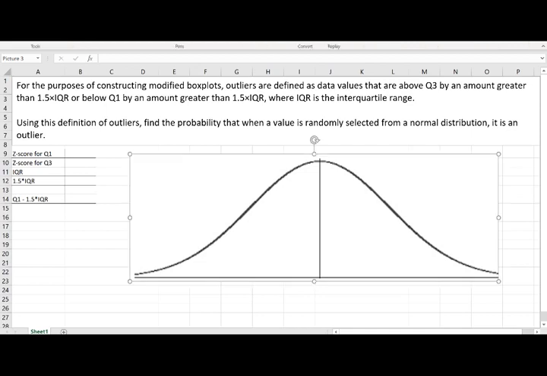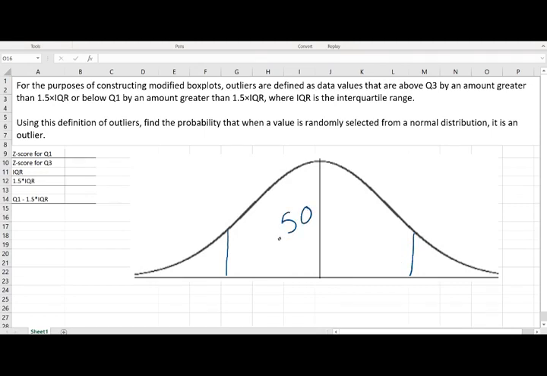So if we're talking about a normal distribution, and we know how to work with areas and probabilities and z-scores dealing with the normal distribution. If we're talking about the first and third quartile and the distance between these two, which would be the interquartile range, well, that means we're separating the center 50% of the distribution of data.